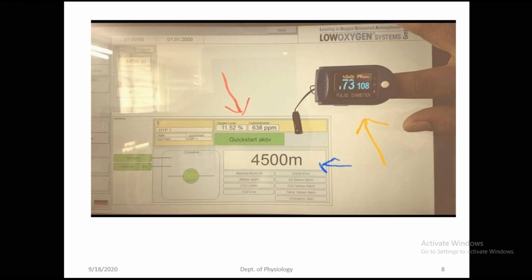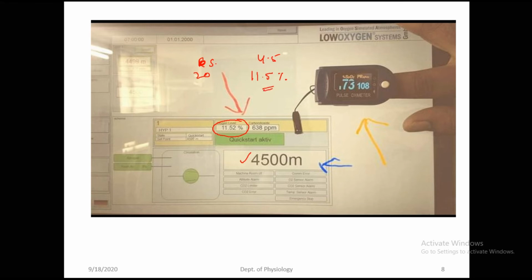Now the hypoxic chamber was put on 4500 meters. This was the altitude, and we can see here the oxygen concentration falls to 11.5% from 20. So this is a normal sea level altitude, and this is at 4500 meters, right?